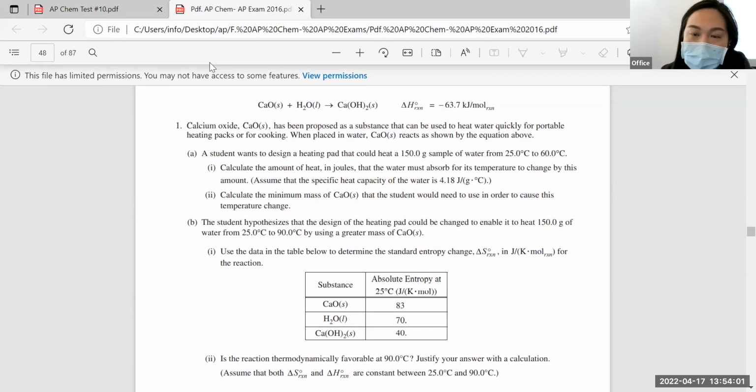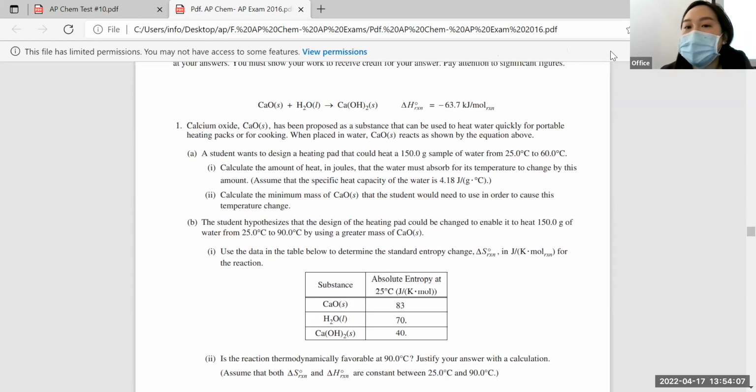So pretty much, how do we figure out if this is thermodynamically favorable? We have delta S and delta H, so we're going to be able to find delta G, Gibbs free energy.